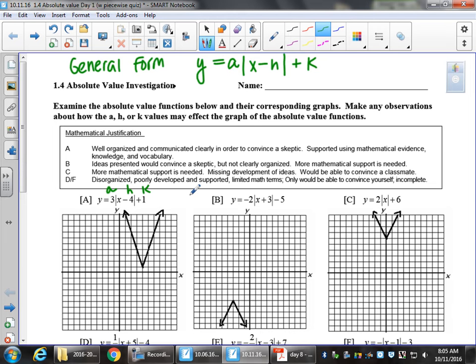Juliana, can you share with them what you guys have figured out about A? K is connected to the vertex, but that's only half of a point.